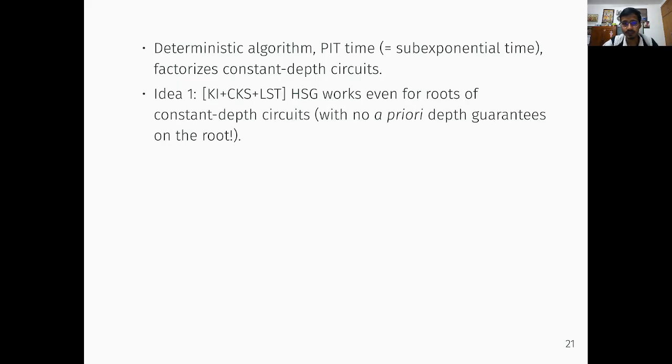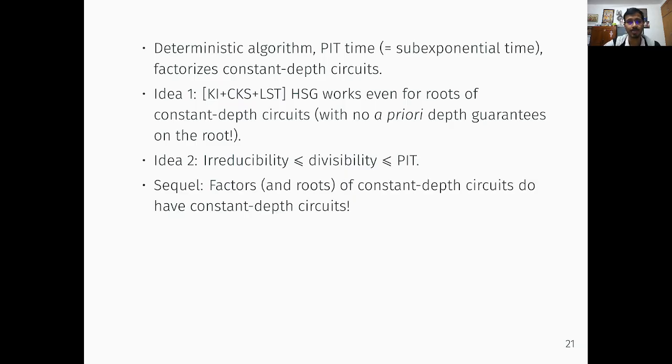The first idea we saw was that a specific hitting set generator can be shown to work even for roots of constant depth circuits, wherein we had no depth guarantees on the root. The second idea we saw was that irreducibility preservation can be reduced to divisibility preservation, which in turn can be reduced to non-zeroness preservation or PIT.